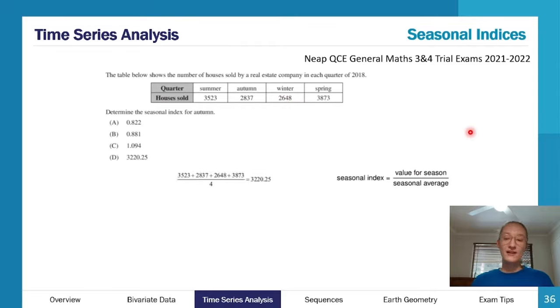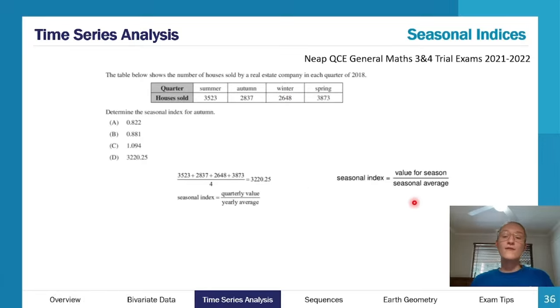So the first thing we need to do is find our seasonal average. We add up the value for summer, autumn, winter, and spring, divide it by 4, and we've got 3,220.25. So that's our seasonal average, the average of all of our seasons, which ironically, they've tried to trick you there with D. That was what I was suspicious they were doing.